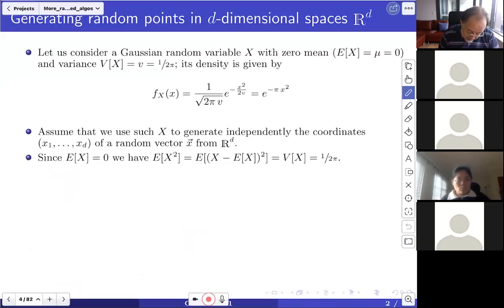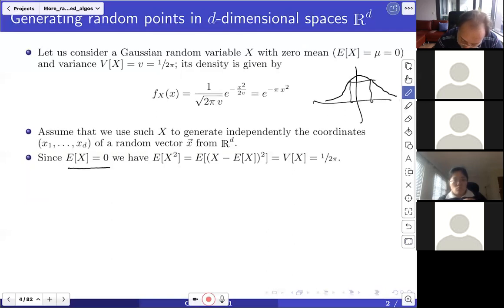So now notice, the expected value of a Gaussian is 0, right? Because the density is symmetric around the origin.